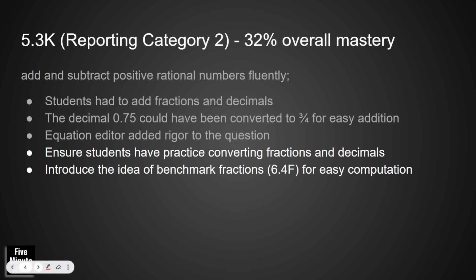So we had to add fractions and decimals. That's what made it so difficult. Like I said, we could have converted that 75 hundredths to 3/4 for easy addition, but they need to be given opportunities to practice that. And really, what we're talking about are benchmark fractions and percents that they start to memorize in 6th grade. Well, this is the 5th grade. They can go ahead and start memorizing those.